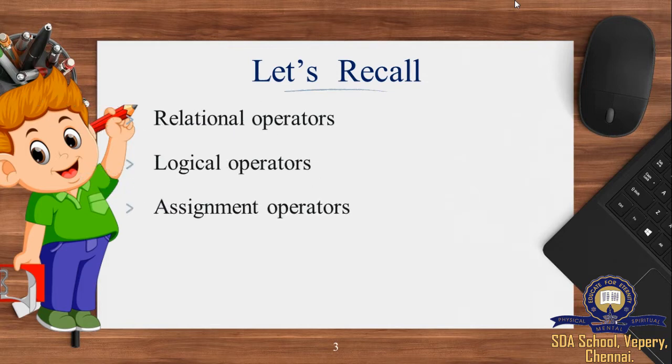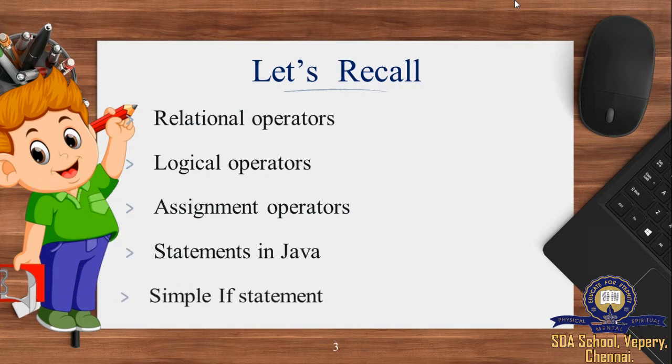Assignment operator, where you assign the value from the right side to the left side operand. Statements in Java: first the simple if statement, which checks the condition and prints the statement within the if block. Let us see a small recap of those topics now.